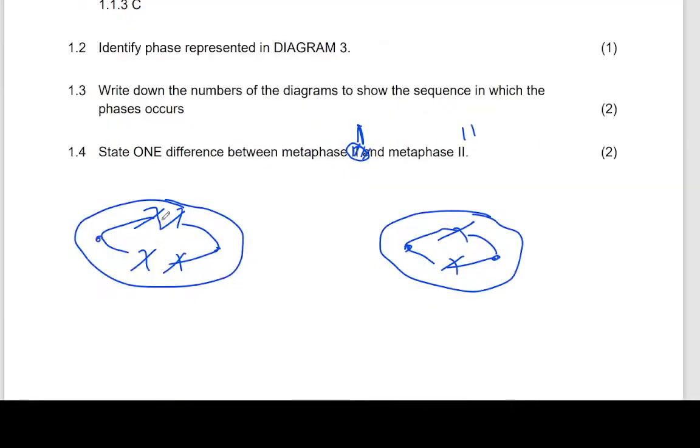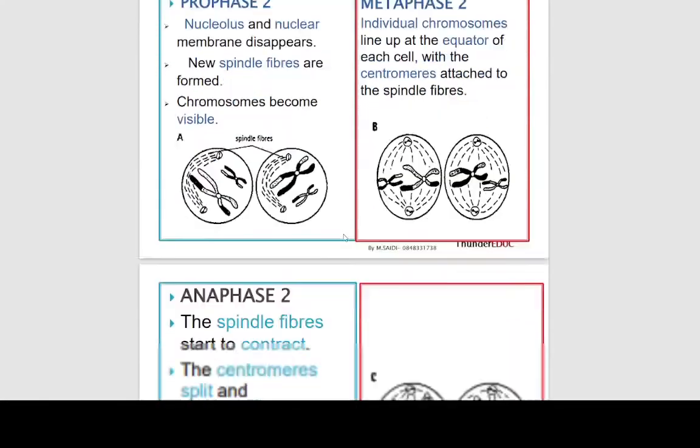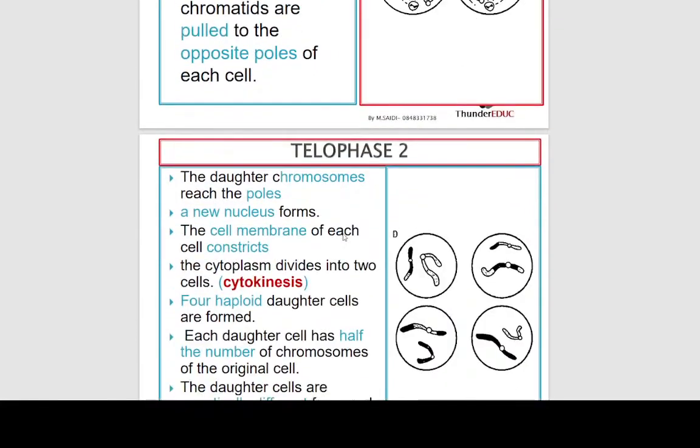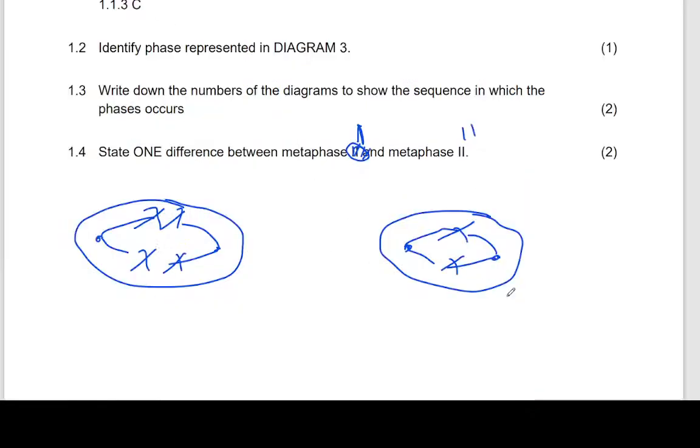If they ask the difference between metaphase 1 and metaphase 2: in metaphase 1, homologous chromosomes align along the equator in pairs. While in metaphase 2, what happens? They are individual, not homologous. That is the major difference.